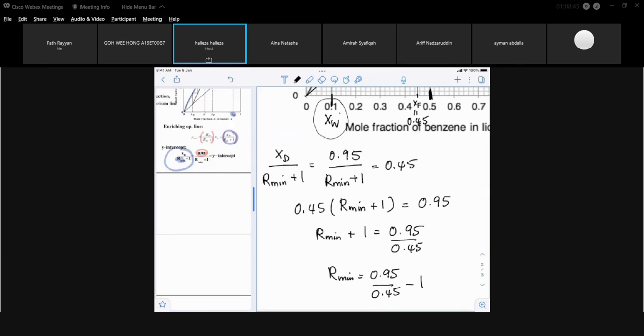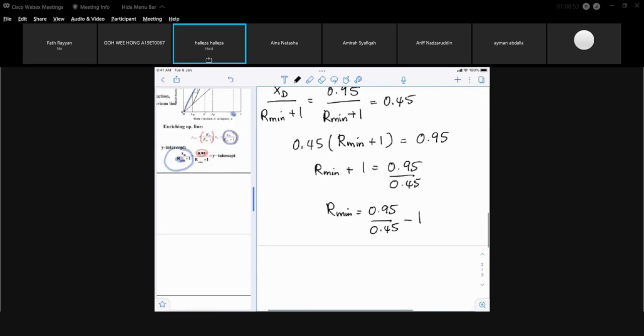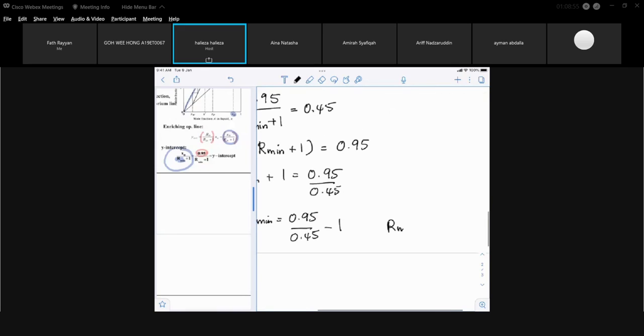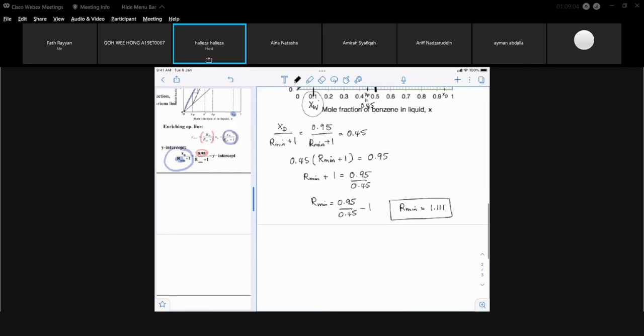Let's get that value. In my R min, that's my R min. So that's the value of your minimum reflux ratio.